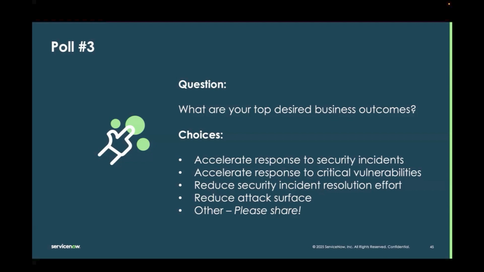Is it related to security incidents and accelerating your response, or maybe to the vulnerability side, reducing effort, reducing attack surface? If it's all of the above, that's great too, or something else that's not on here. These are just some of the top ones, but feel free to share in the chat. I'll keep that open for a couple more seconds to get people's responses.